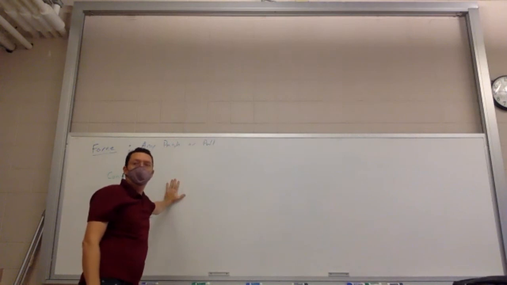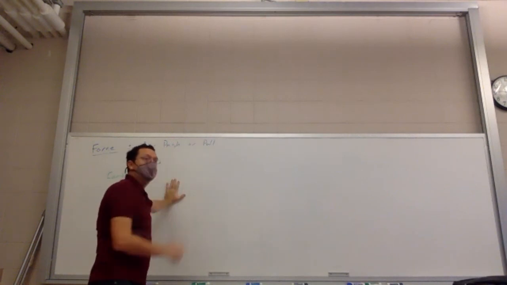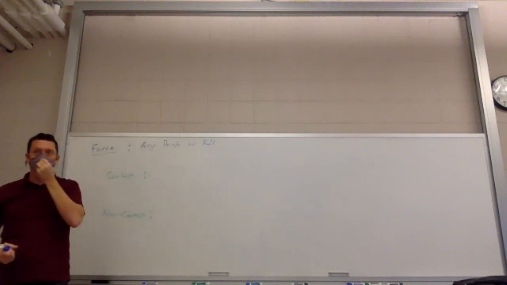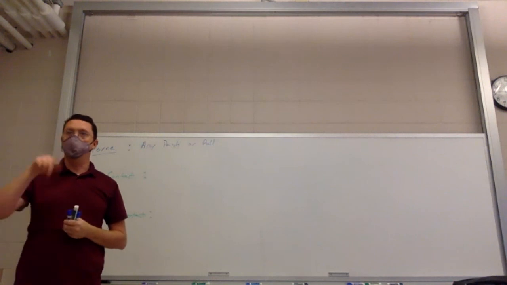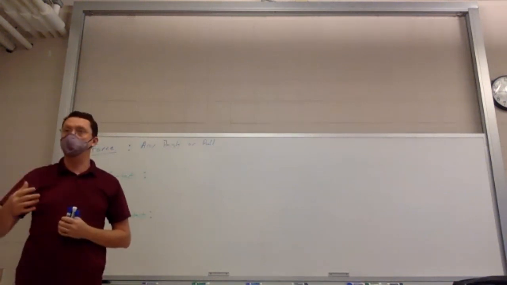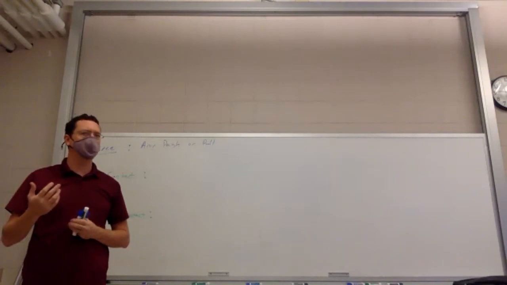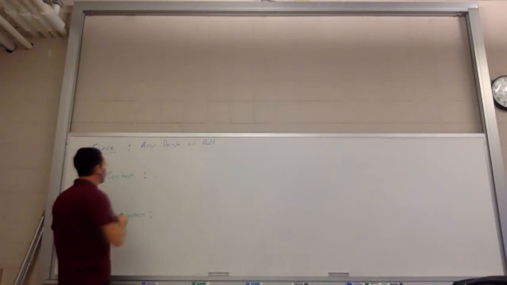Which way is the force it exerts on me? Perpendicular. In math class, one way to say perpendicular is the word normal. In math, normal means perpendicular in many contexts. Who's heard of that term before? A few people. Another way to say this is orthogonal, but we will use the word normal.